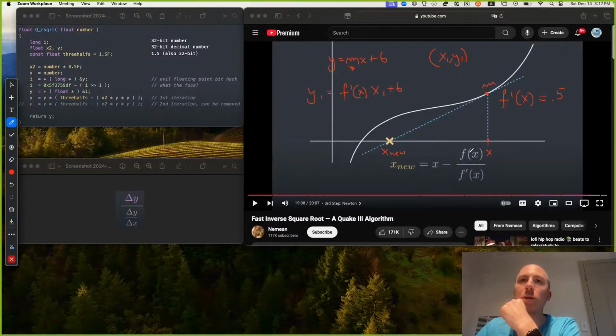We want to find when we set y equal to 0, and solve for x.